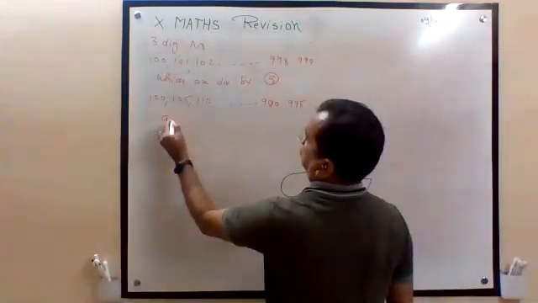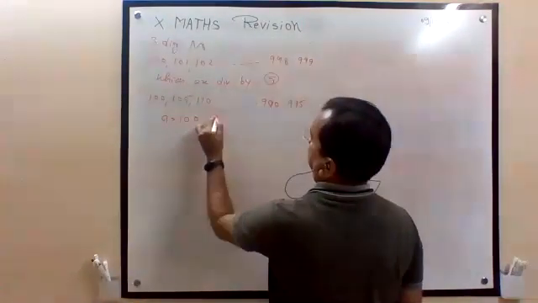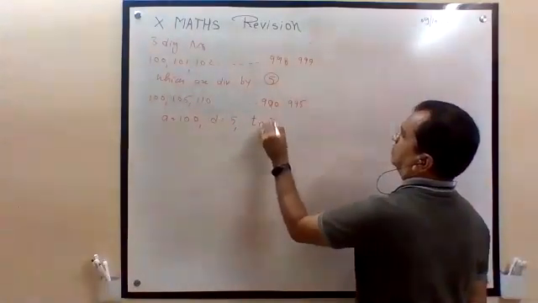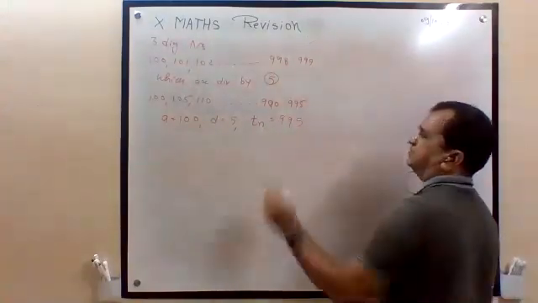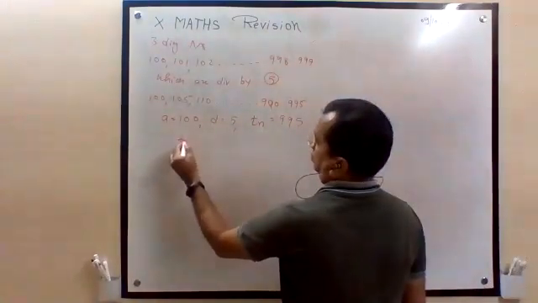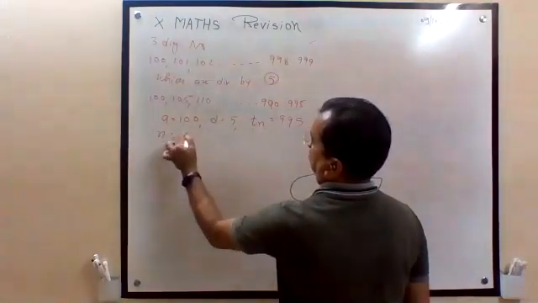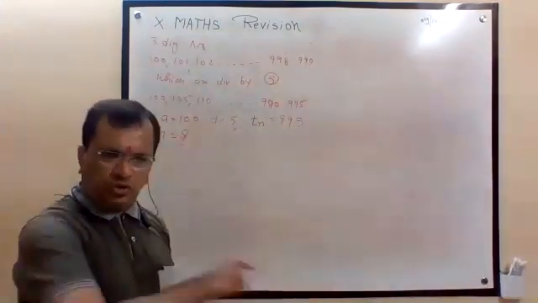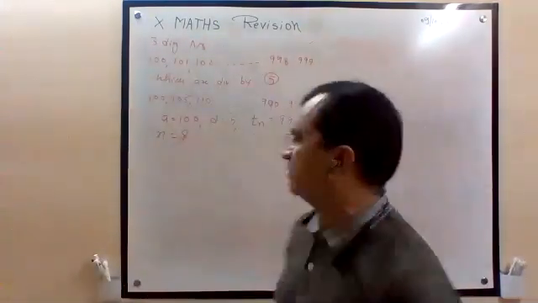So we know a is equal to the first term, 100. The difference is 5, 5, 5. The last term is 995. Here n is the question, how many numbers? I told you, whenever you have to find n, don't open the bracket, do the calculation step by step.